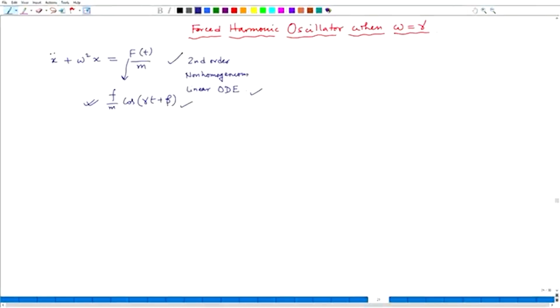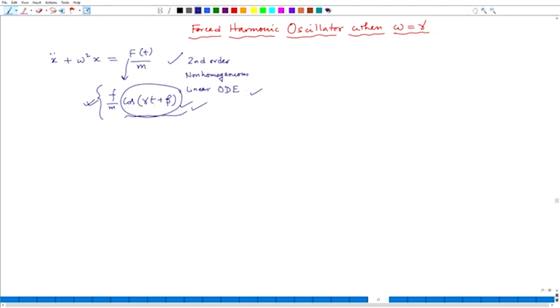Okay. Now, you will also see that in this type of cases most often it is seen that finally the motion settles down with the same phase as that of the impinging force. Okay. That means the phase part of the displacement is very similar to cos gamma t plus beta, and actually is equal to some constant times cos gamma t plus beta.